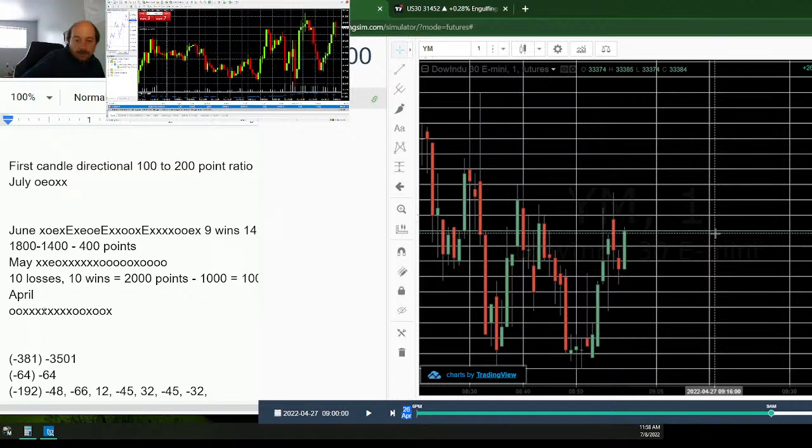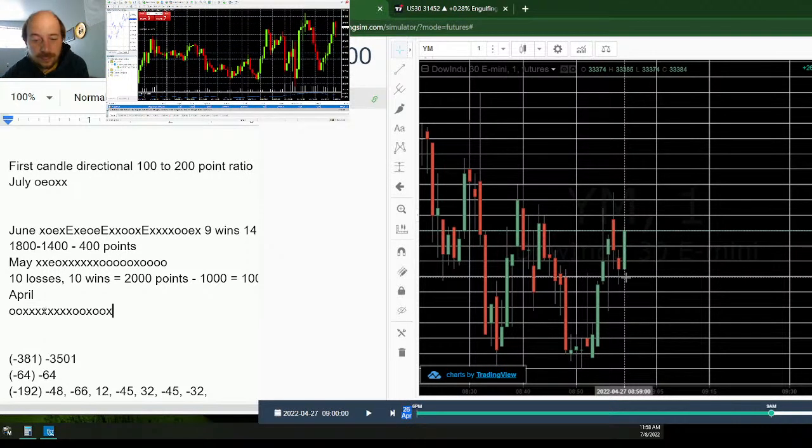But in April we are kind of teetering here. We got 8 losses in a row. So that is one problem. We're actually in profit for April, barely, by 200 points.